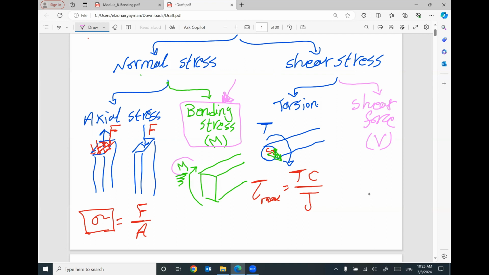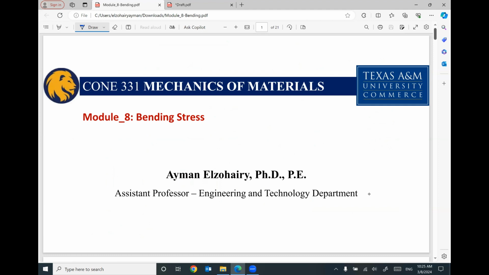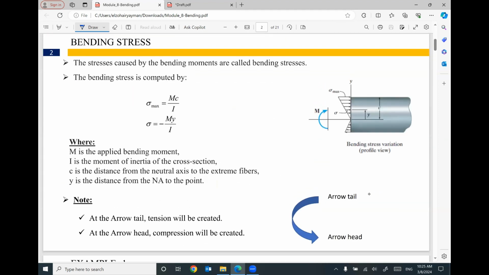Under the effect of the applied moment, we will have bending stress. How much is this bending stress? The maximum bending stress equals this equation: sigma, because it's normal stress, equals the applied moment M times C divided by I. In the general form, it will be sigma equals M y divided by I. The stresses caused by the bending moment, capital M, are called bending stress.